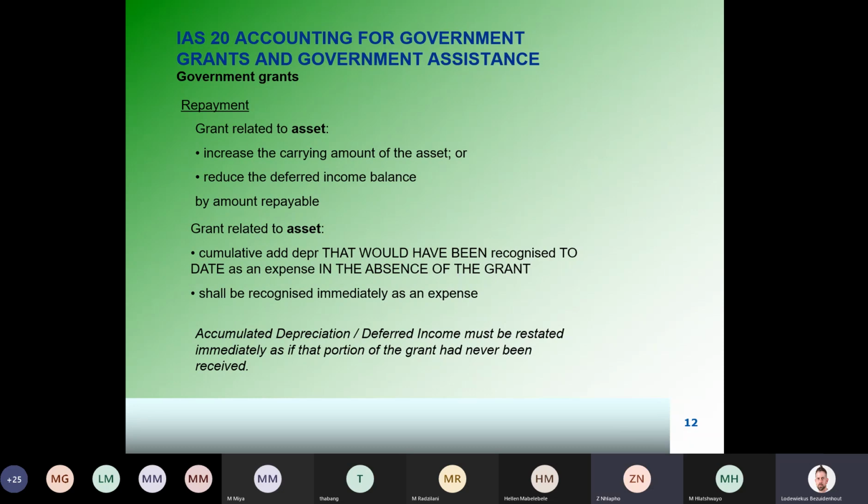And because we reduced depreciation, we must add the additional depreciation that would have been there if we did not have this grant previously. So when you have repaid it, the cost of the asset should be the amount before the grant was deducted, and the accumulated depreciation should be exactly what it would have been if there was no grant previously. That is where we deducted it from the cost of the asset.